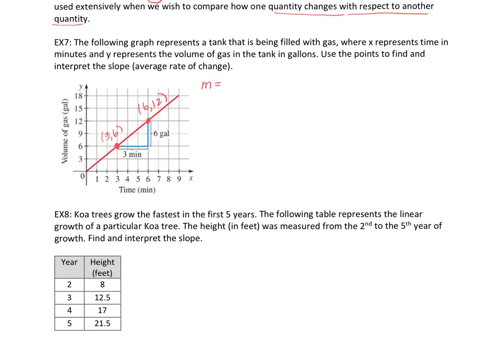So if I look at 3, 6 as being my x sub 1, y sub 1, and 6, 12 as being my x sub 2, y sub 2, the slope's going to be 12 minus 6 over 6 minus 3, which is 6 over 3, and that would be 2. Okay. And that's what we see when we look at the graph as well.